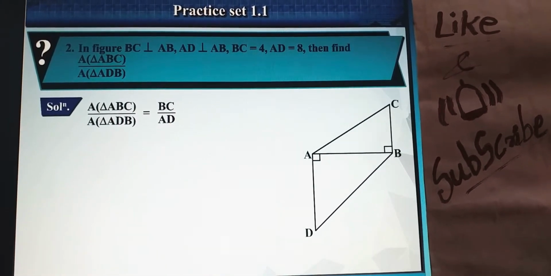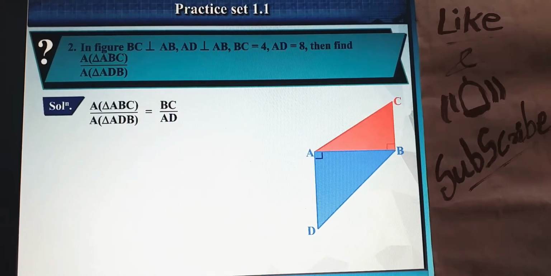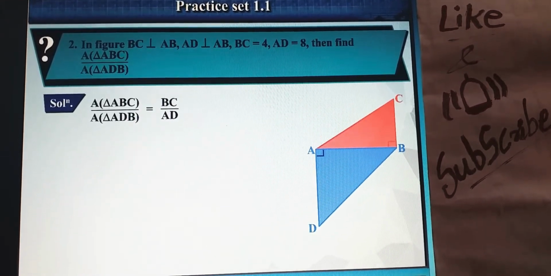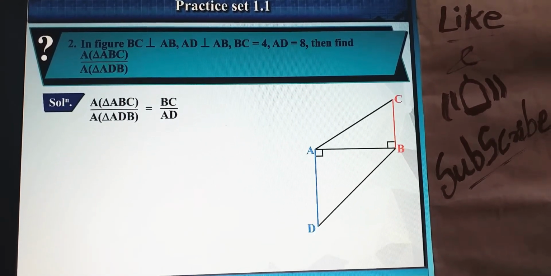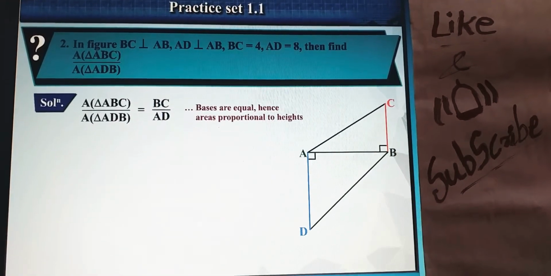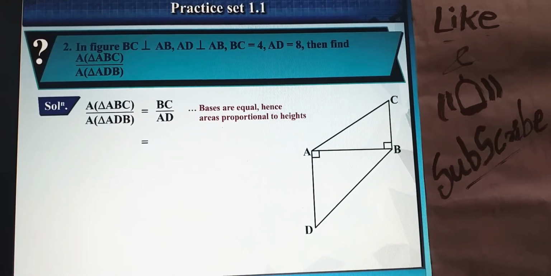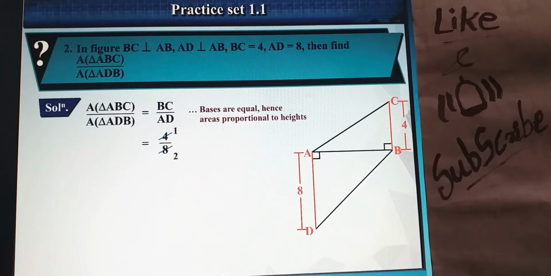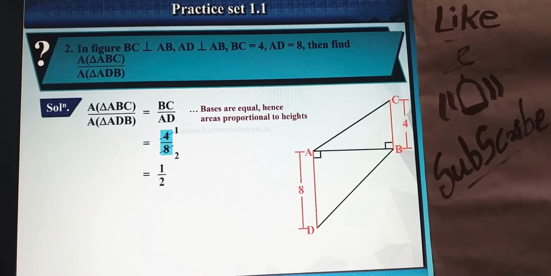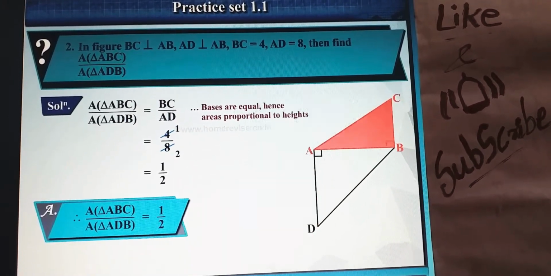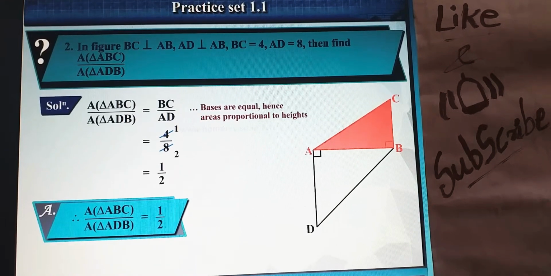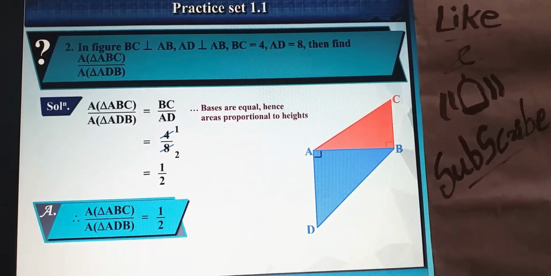Area of triangle ABC upon area of triangle ADB is equal to BC upon AD. Bases are equal, hence areas are proportional to heights, which is equal to 4 upon 8. After cancellation, we get 1 upon 2. Therefore, area of triangle ABC upon area of triangle ADB is equal to 1 upon 2.